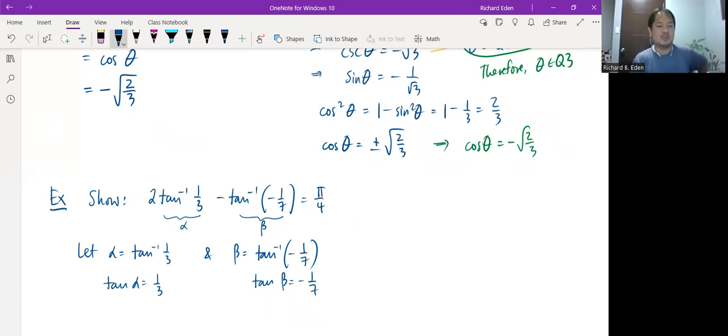Can you tell me what quadrants we're going to find these angles in, alpha and beta? Alpha. So, it is positive. So, it is in the first and third. All right. So alpha is in quadrants 1 or 3, correct?